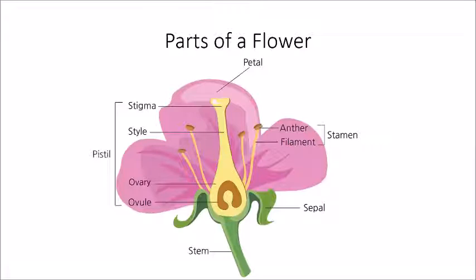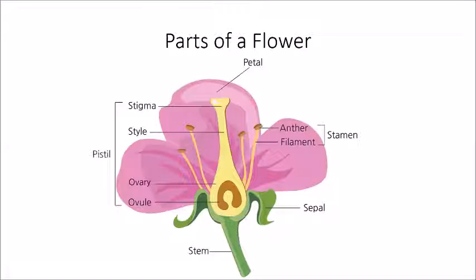Okay, the next part we're going to talk about is the pistil. The pistil is the female reproductive part of a flower. The same way that, in animals, the female reproductive system is going to have ovaries and ovules, or egg cells, inside of it, it's going to be the same thing for the plants.